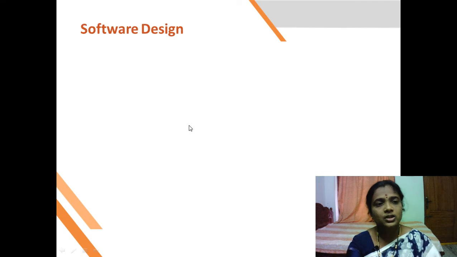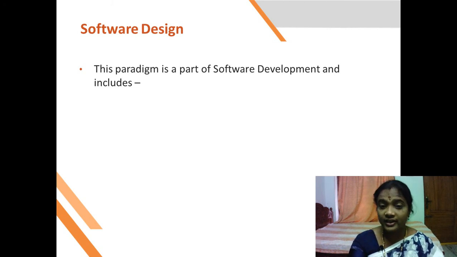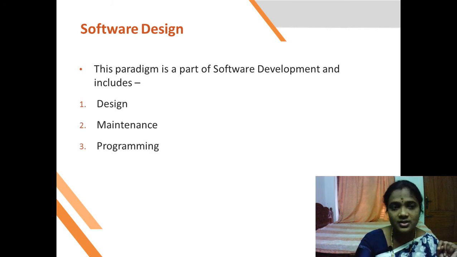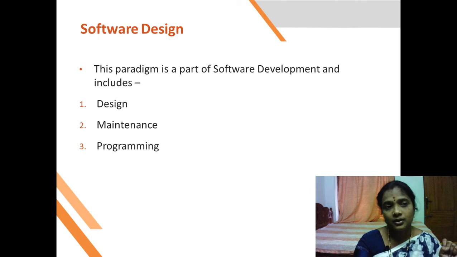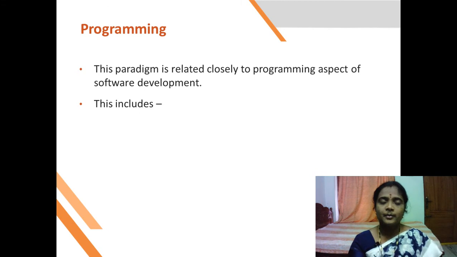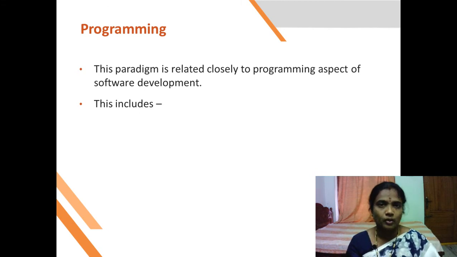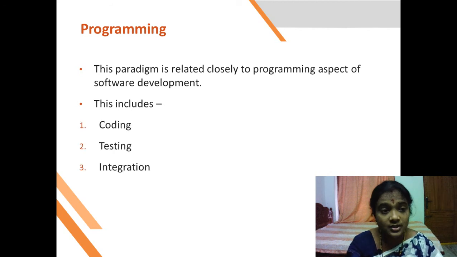Coming to the software design paradigm, it is part of the software development paradigm, which includes designing, maintenance and programming. The next category is the programming paradigm, which is closely related to the programming aspects of software development, including coding.